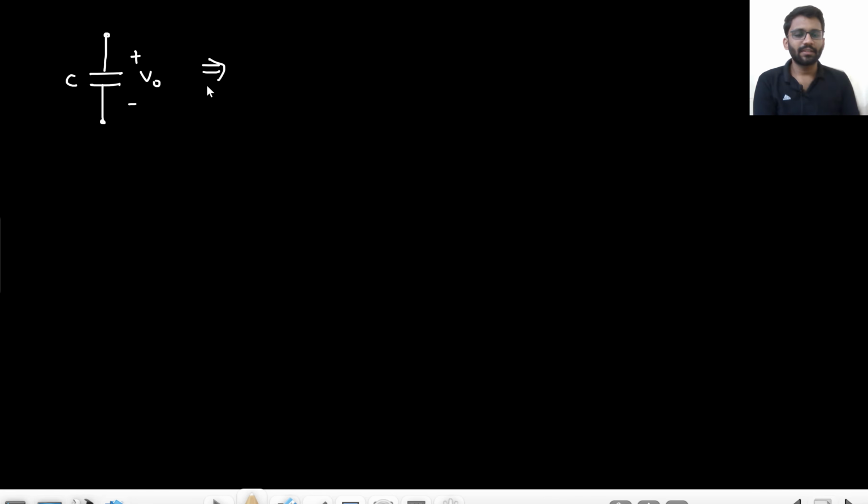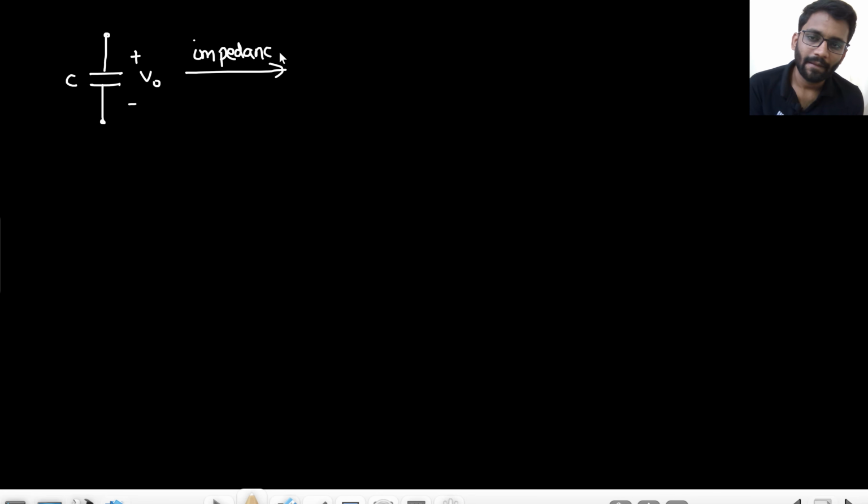Basically this is the summary: if your capacitor C is having an initial voltage of V naught, what will you do?